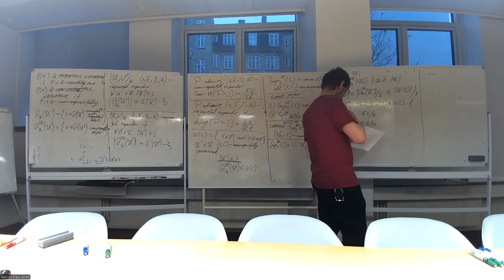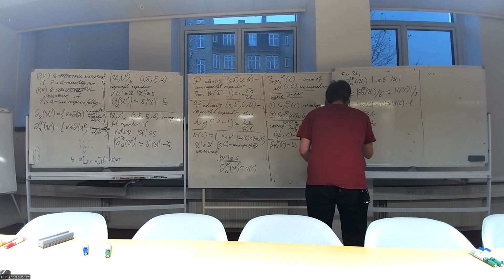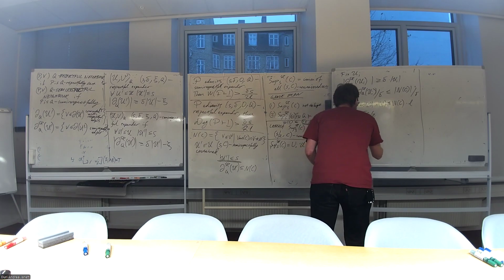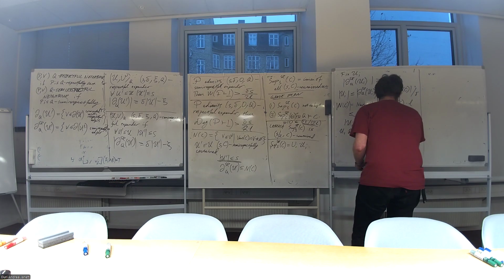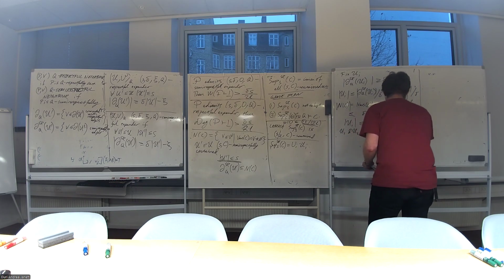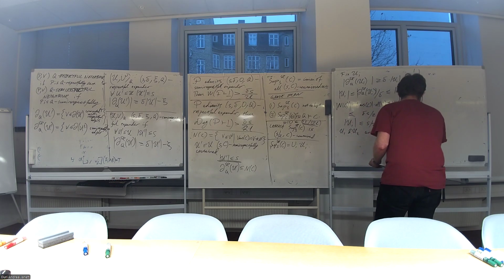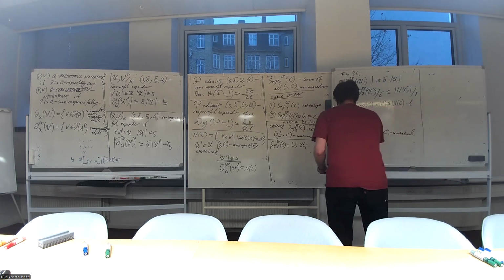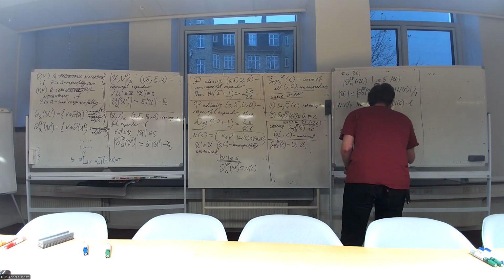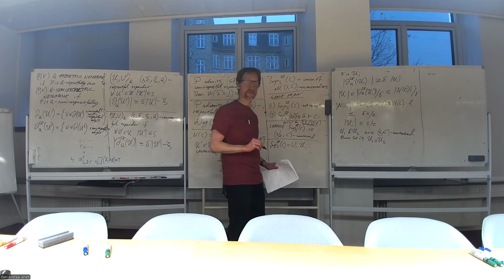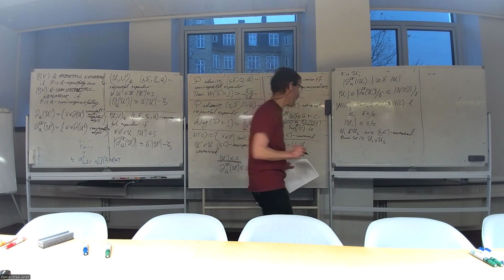Okay. But now I claim that if U1 and U2 are S contained, then so is U1 union U2. Why?